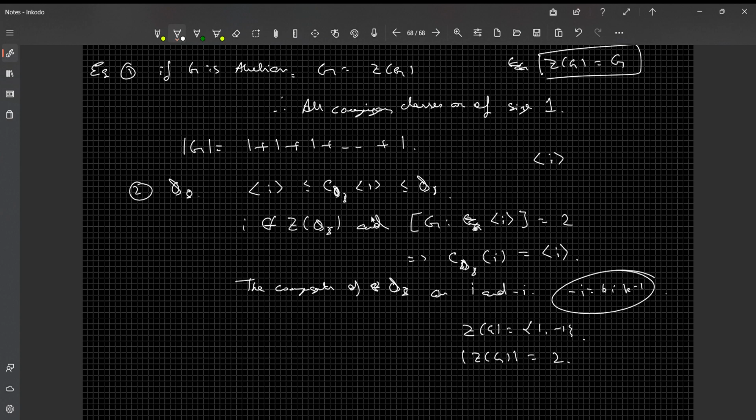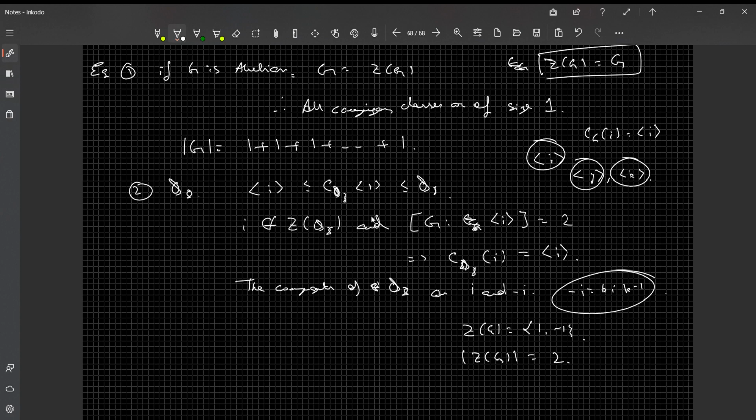And as we have this set of statements for i, we can also have this set of statements for the cyclic group generated by j as well as for k. So each of these has index 2. The centralizer of i is the cyclic group generated by i, the centralizer of j is the cyclic group generated by j, and the centralizer of k is the cyclic group generated by k.